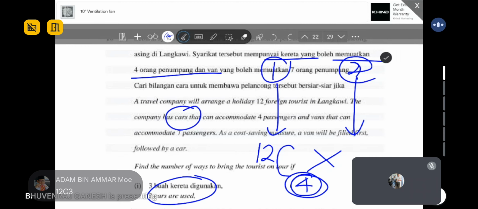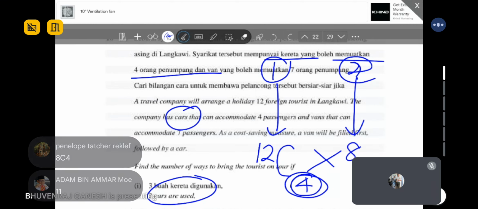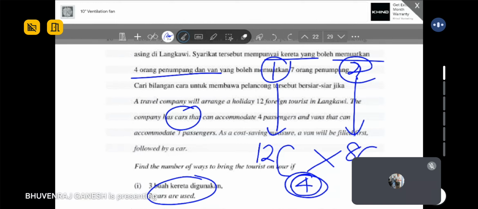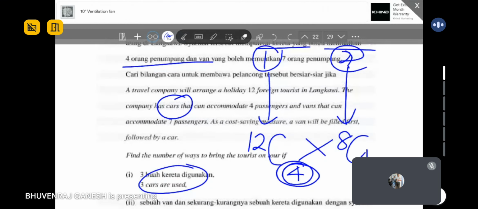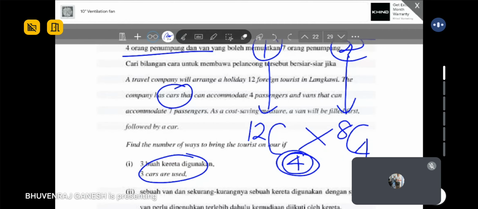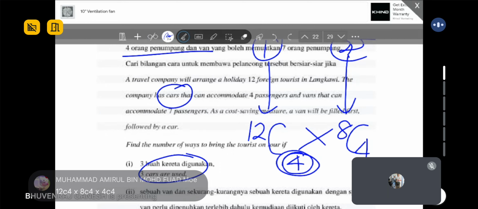bukan. Guys, 12 people total. Kamu dah ambil 4. You already choose 4. So, baki berapa? How much you left? 8, right? So 8C4. Again, because you can fill up 4. Baki, 8 kan? 12 tolak 4. Okay? Sebab semua dah isi. All the 4 you already fill up from the 12. So 12 minus 4. Yes.